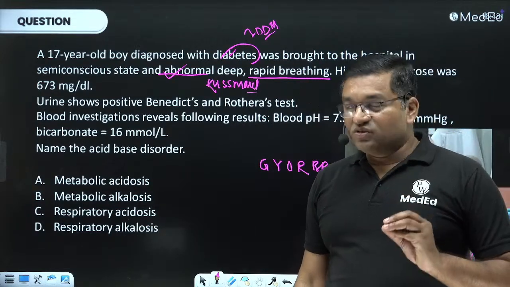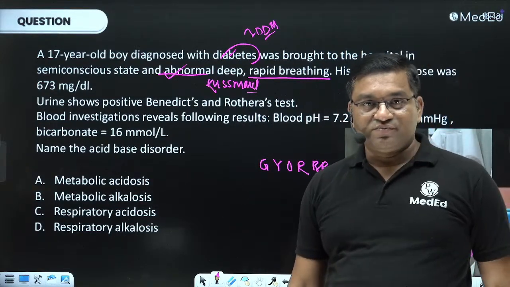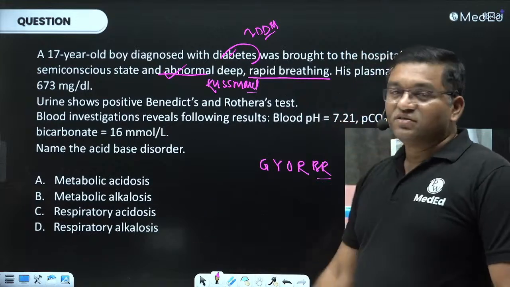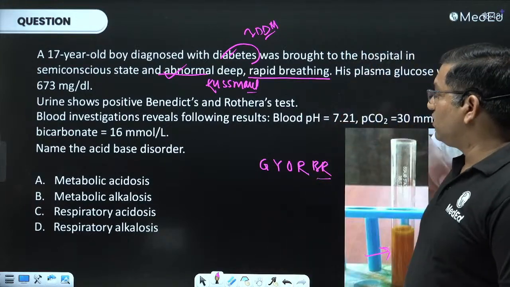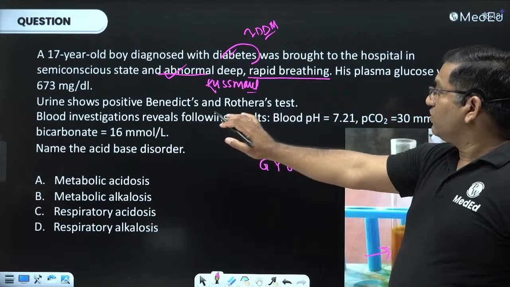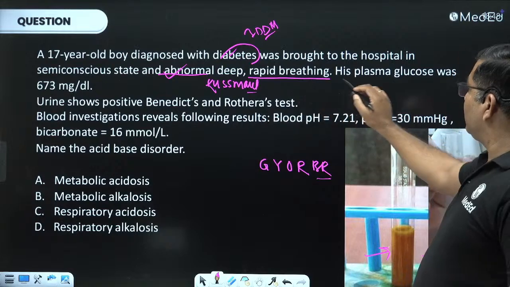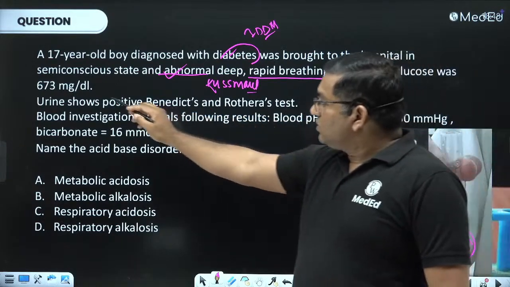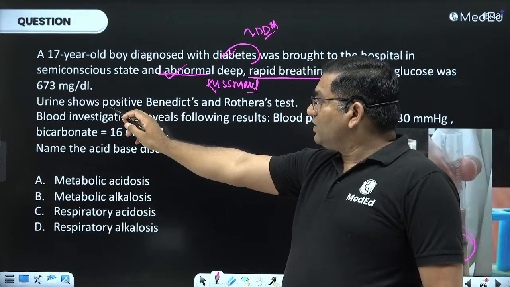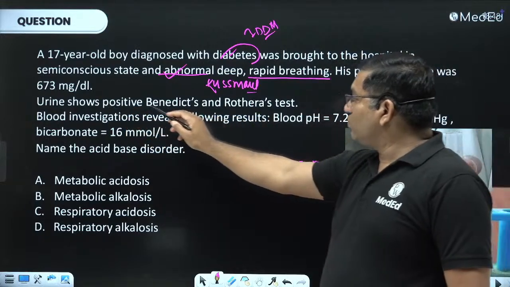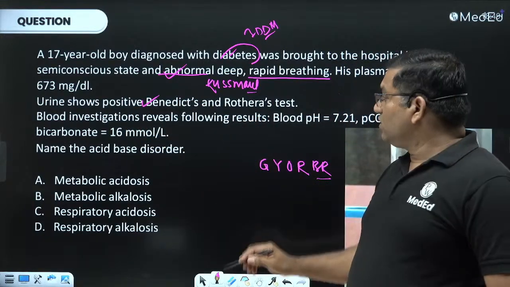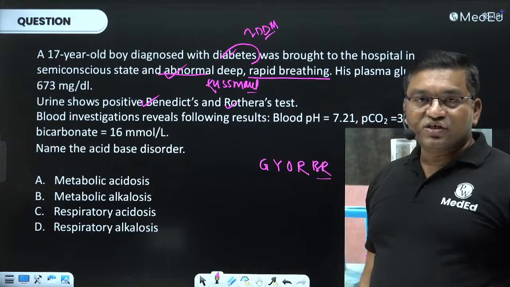Diabetic ketoacidosis. This is a case of diabetic ketoacidosis, so it also involves acid-base imbalance. His plasma glucose was 673 milligram per deciliter. Urine shows positive Benedict's and Rothera's test, meaning reducing sugar is positive, and ketone bodies are positive.